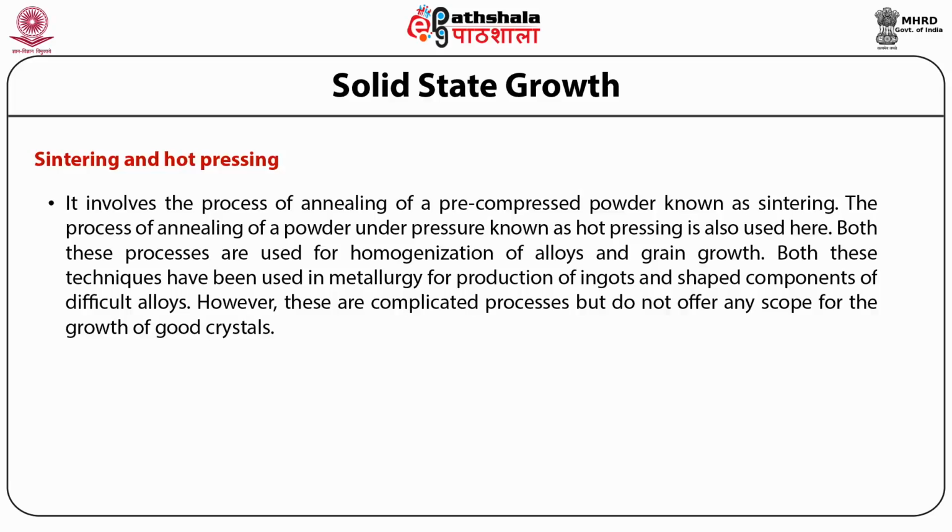Both these techniques have been used in metallurgy for production of ingots and shaped components of difficult alloys. However, these are complicated processes and do not offer any scope for the growth of good crystals.